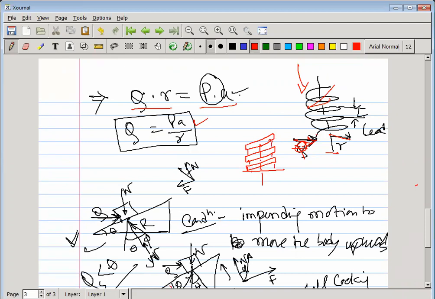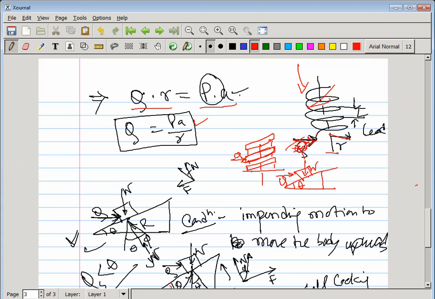So we just consider this one single thread and draw it in such a manner. So if it is theta, then in that block we apply load W, here it is Q, this portion.